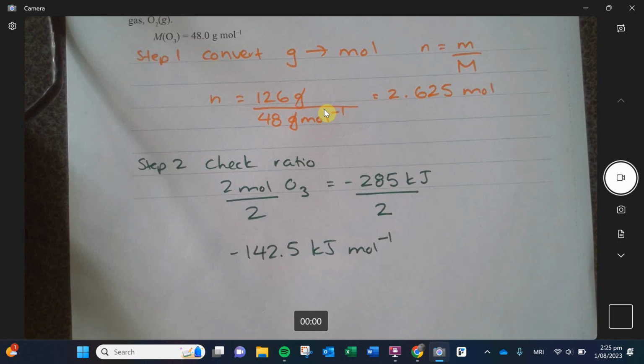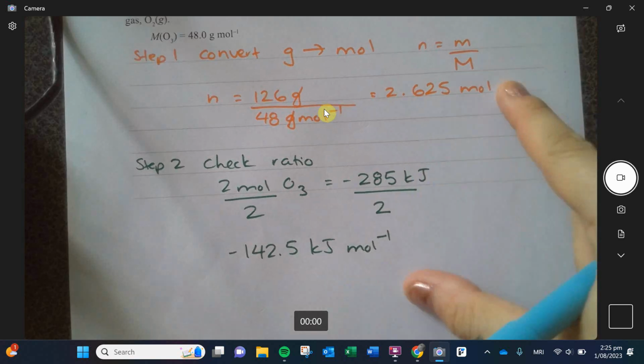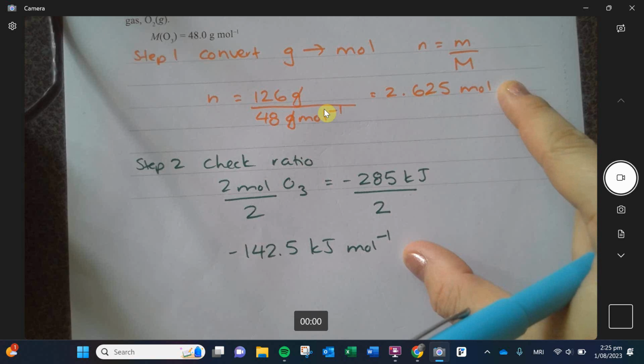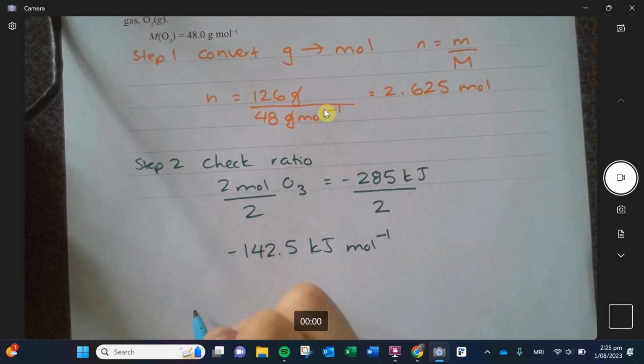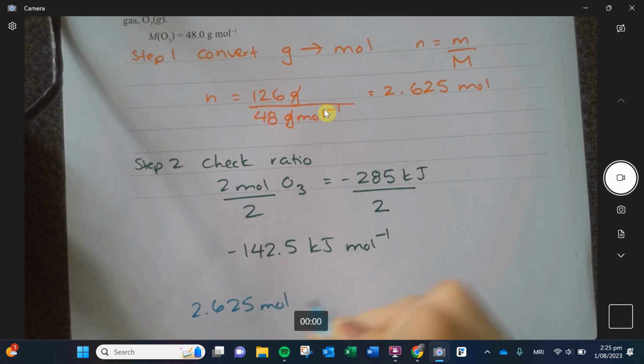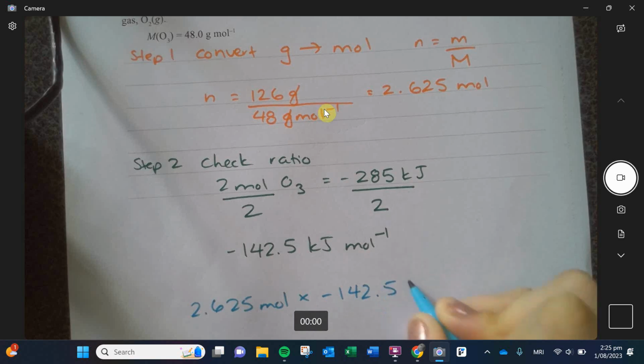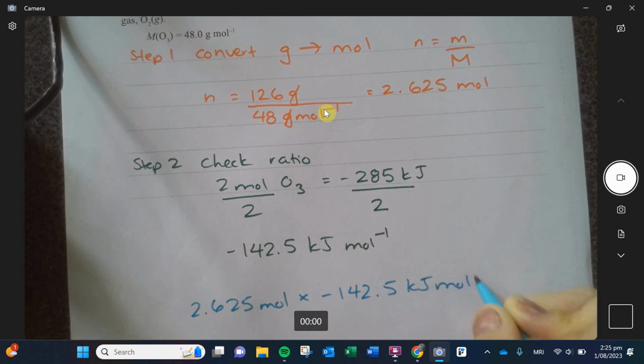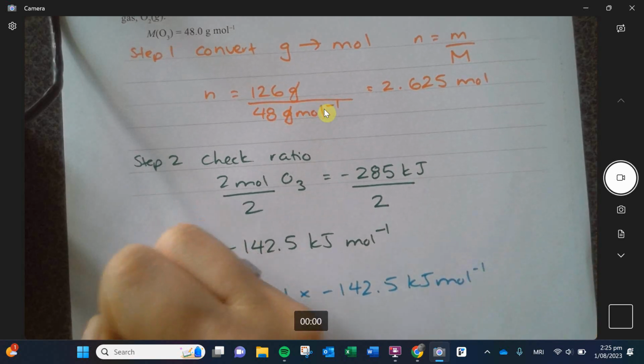And then my last step is I'm going to take these 2 numbers that I have and multiply them together. So 2.625 moles times negative 142.5 kilojoules per mole. Should say step 3, multiply.